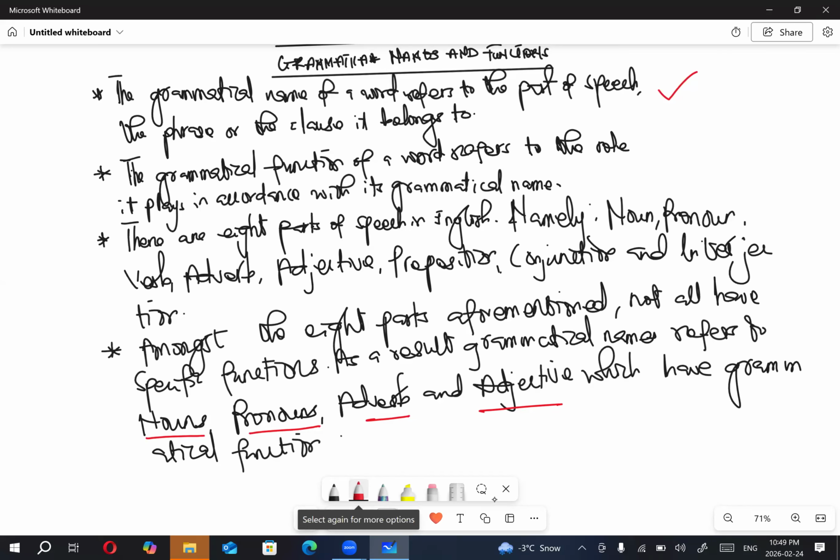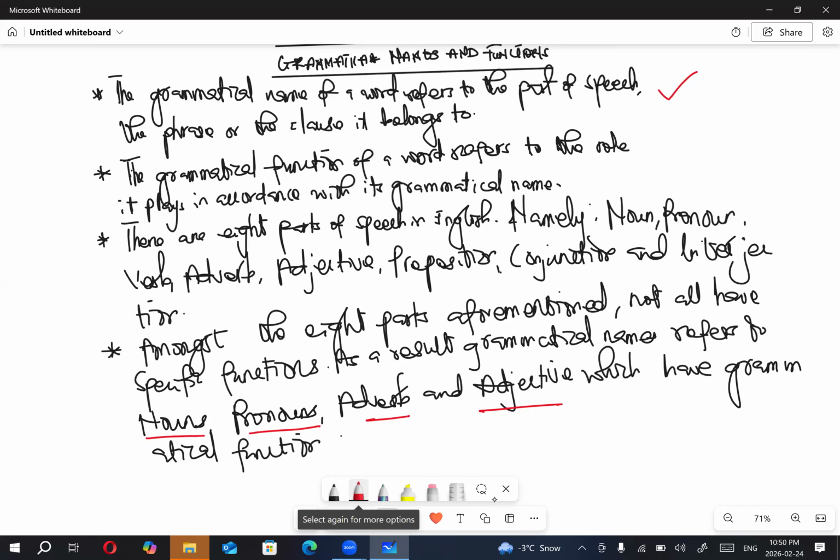Not all of these parts of speech have significant or obvious or established functions. So if you're talking about grammatical names, we're only referring to just noun, pronoun, adverb, and adjective, which have been proven to have very well established grammatical functions. They have well established or fixed functions. Okay, their functions are predictable.